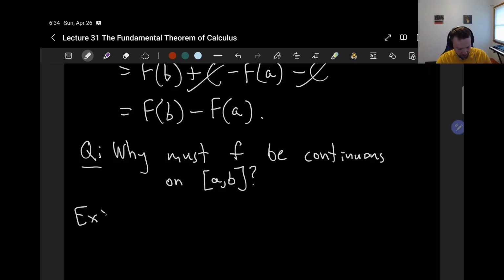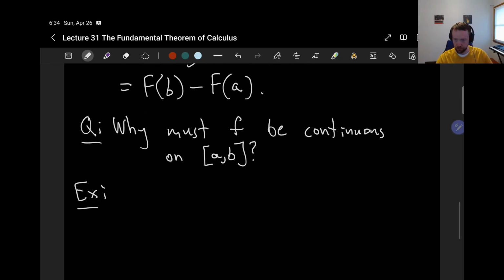Well, let's work this out in a special example. I'll show you why this fundamental theorem fails if you do not have continuity. Let's try the integral from -1 to 1 of 1 over x squared dx. So first we'll apply the formula, and then we'll see that we get an absurd answer.